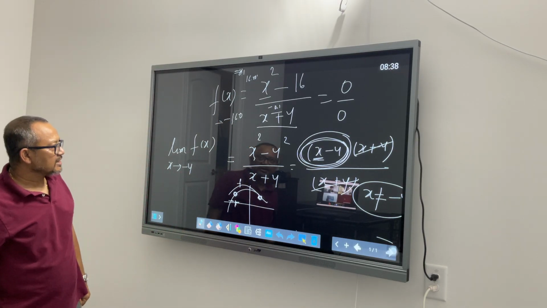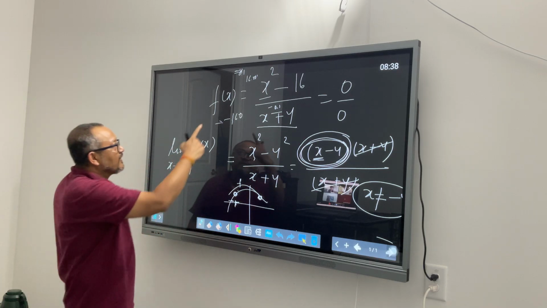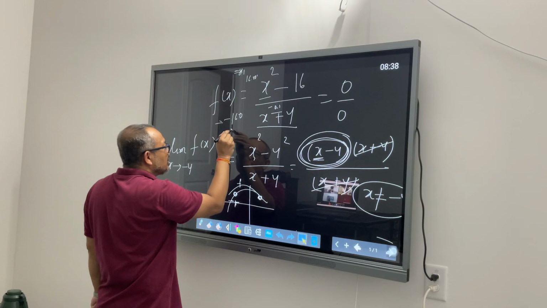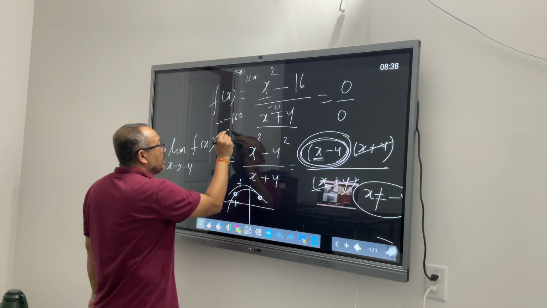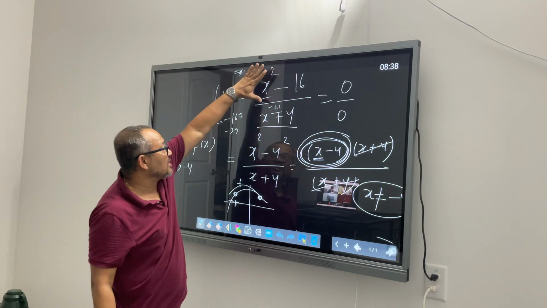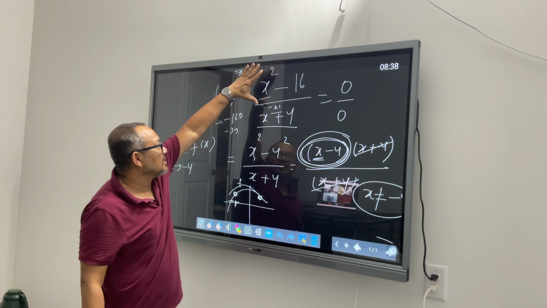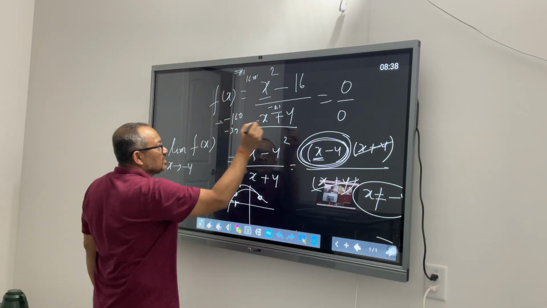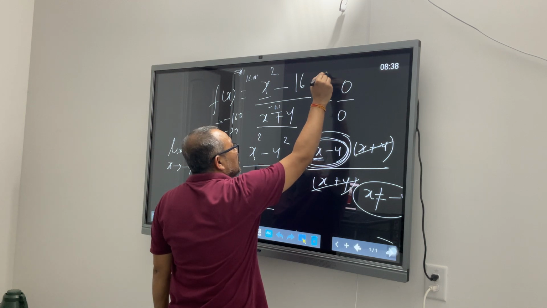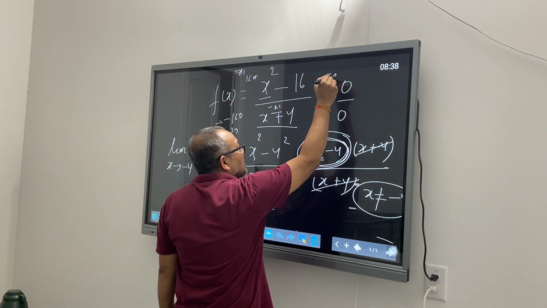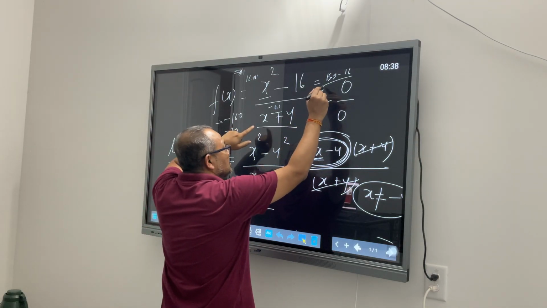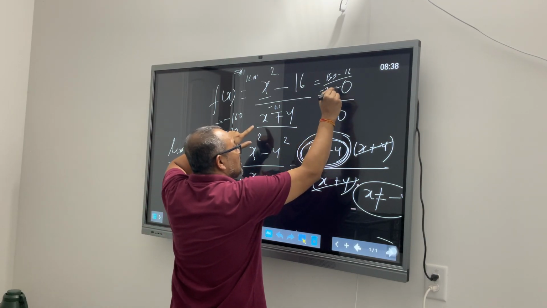Now let's look at what happens when x is a little bit more than this, so minus 3.9. In that case the numerator will be a little bit less than 16, somewhere around 15.9, and minus 16. And the denominator is minus 3.9 plus 4.